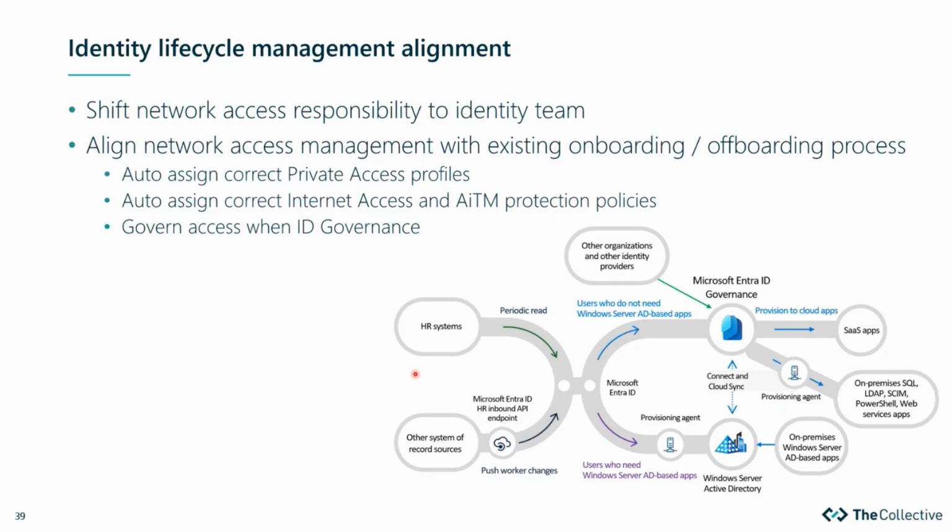And this is, in my opinion, a great shift because traditionally the access to VPN solutions was with the networking team. But with Global Secure Access, we actually shift the access to private resources via VPN, for example, to the identity team, which, in my opinion, makes a lot more sense to align with the identity team.